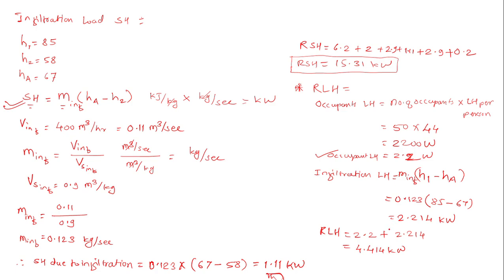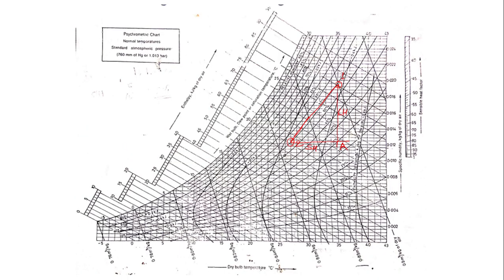So you have got the room sensible heat as well as the room latent heat. Now you can calculate the RSHF, which is equal to RSH divided by RSH plus RLH.